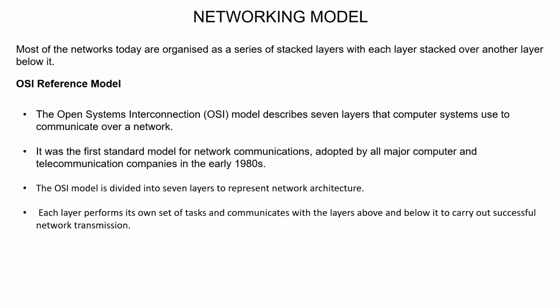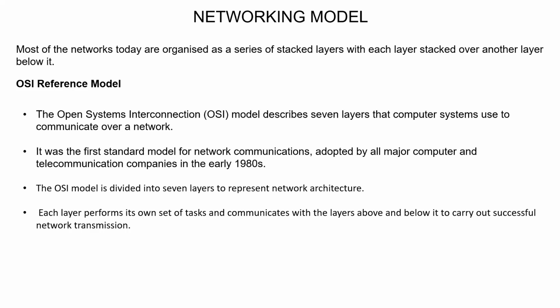The OSI reference model represents how we transmit information through a set of layers to the other device through a set of layers. This transmission is governed by these 7 layers, and it was invented in the 1980s.